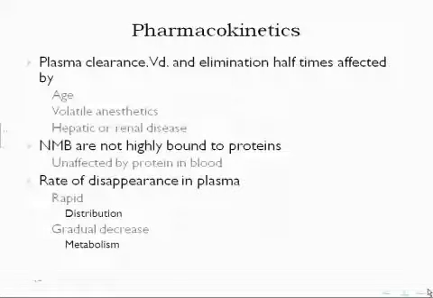Things that can also affect the pharmacokinetics are things like age and sex. Men have more muscle mass, so they tend to have a little bit more resistance to the agents in comparison to women. If you have somebody who's really muscular, it takes more to knock them down with the muscle relaxant in comparison to somebody who has small muscle mass.